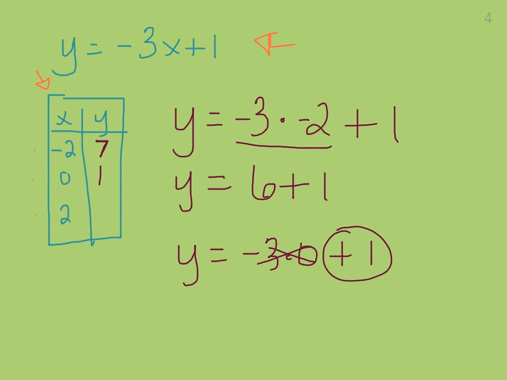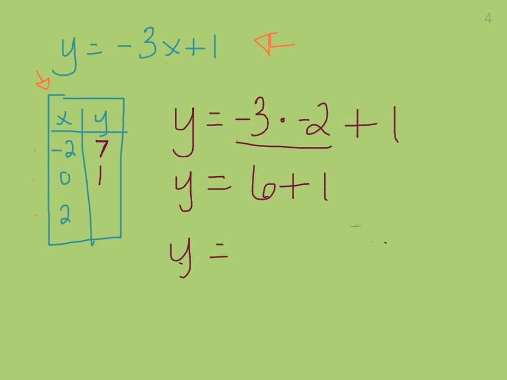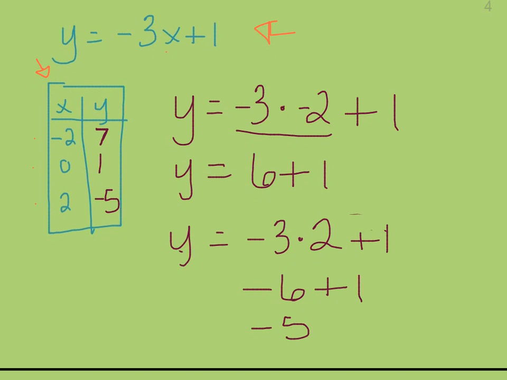So that's a 1. Putting a 2 in for x, I get y equals negative 3 times 2 plus 1. Negative 3 times 2 is negative 6. And negative 6 plus 1 gives me negative 5. So that goes there.